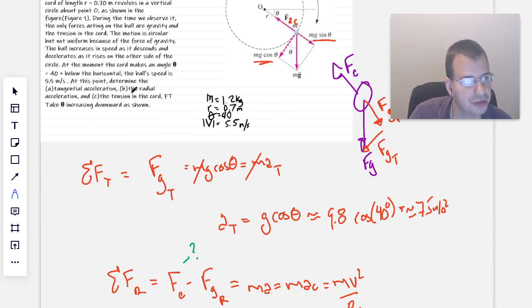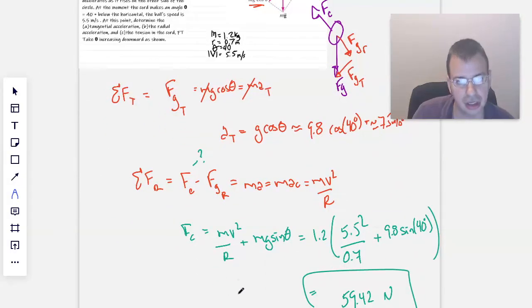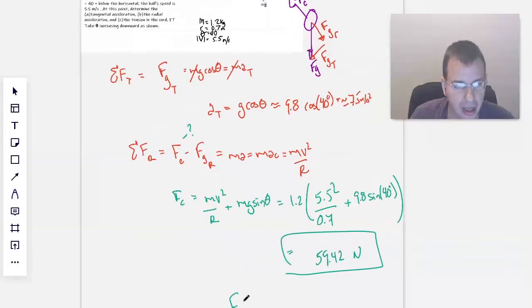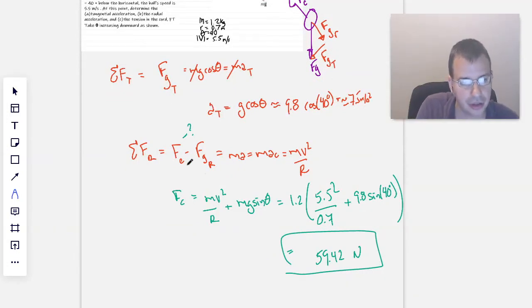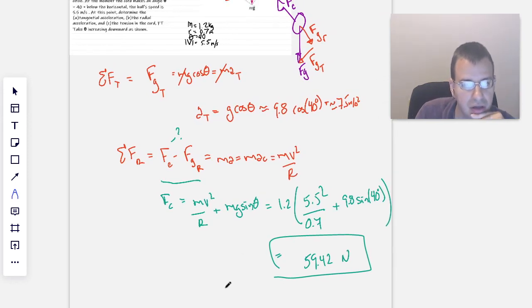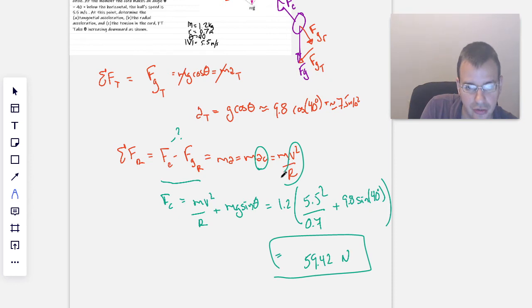And then we also want to determine the radial acceleration. The sum of all forces, let's see here. This is going to be our radial acceleration, our centripetal acceleration, and that is going to be v squared over r.